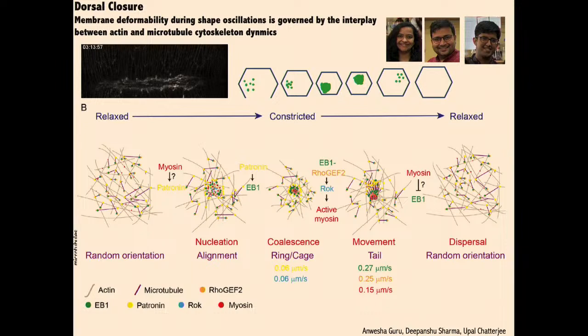And this cycle is actually dependent on microtubule organization around the myosin that forms initially a cage-like configuration and then a tail that we think respectively helps myosin coalesce and then move. And we're still working out some details of this.